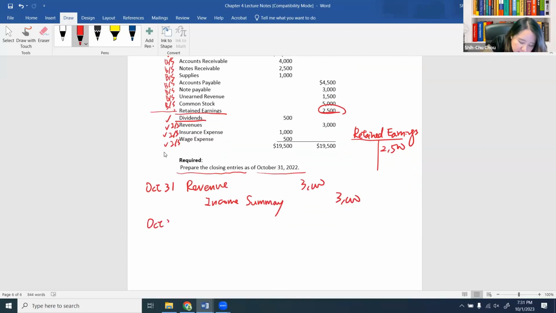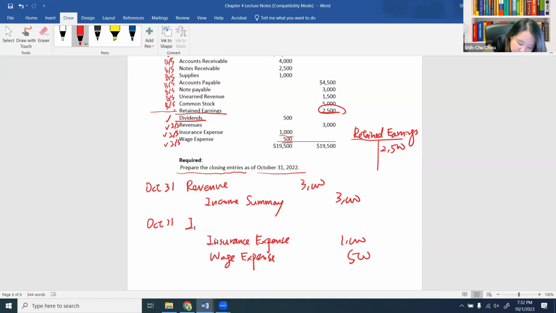And then in the second closing entry, we have to close out the expense accounts. We have two of them. Expense accounts carry a normal balance on the debit side. So to close them out, we will credit insurance expense for 1,000, and then credit wage expense for 500.